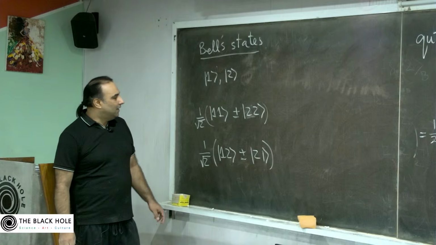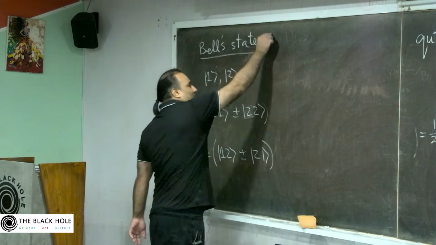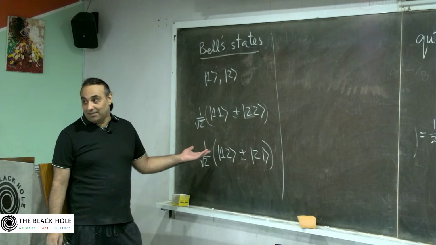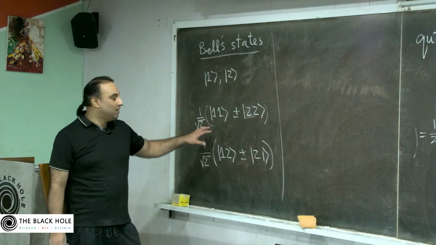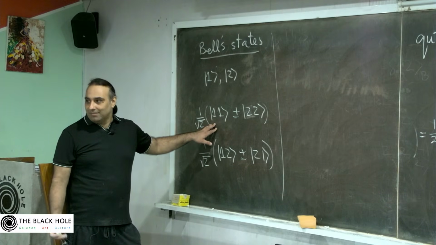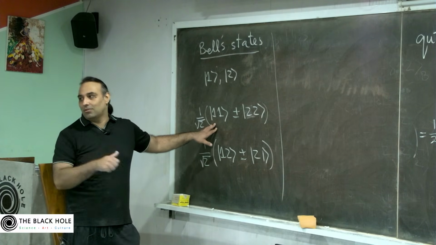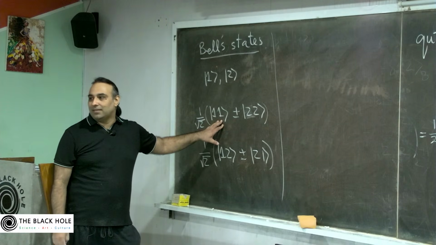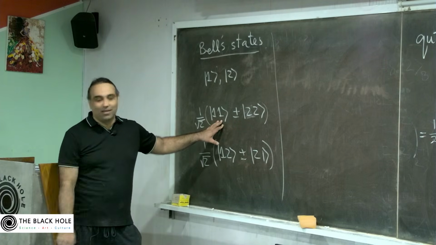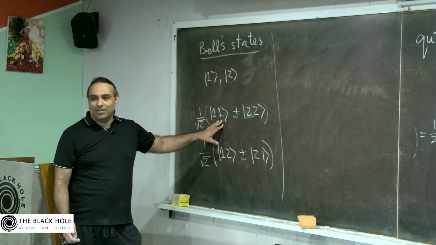Okay, and what's interesting about them is that they are maximally entangled. So if you make a measurement on the first qubit, a 2-level system, you know the other, and that's the basis of quantum teleportation and other stuff.